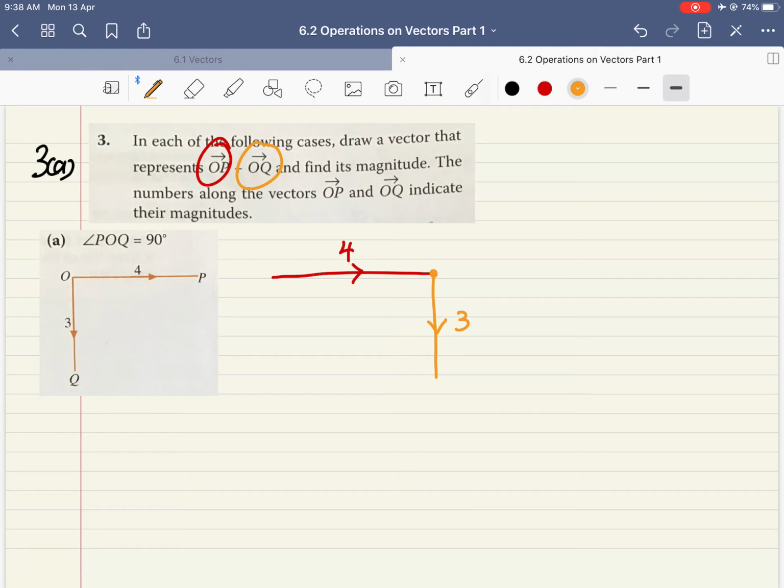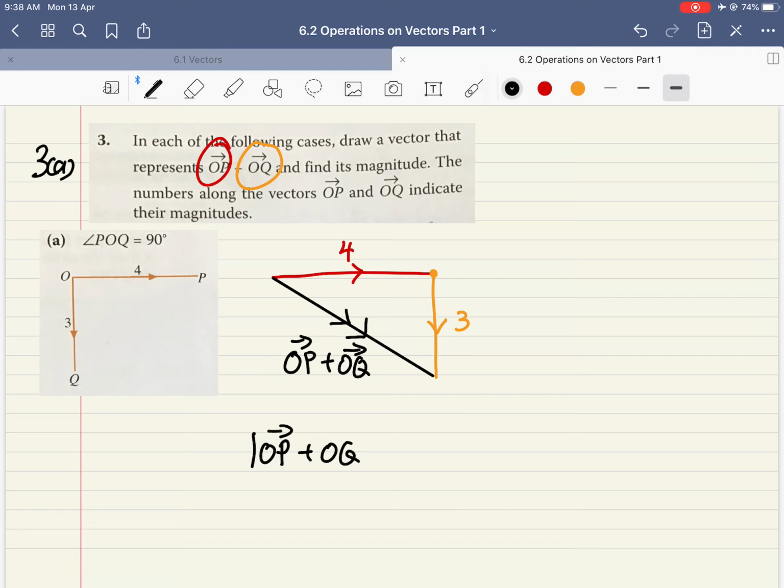So OQ is 3. Draw a vector that represents OP plus OQ. In black, what I have is the resultant vector that looks like this. This is my resultant vector, and I call it OP plus OQ. And indicate the magnitude.